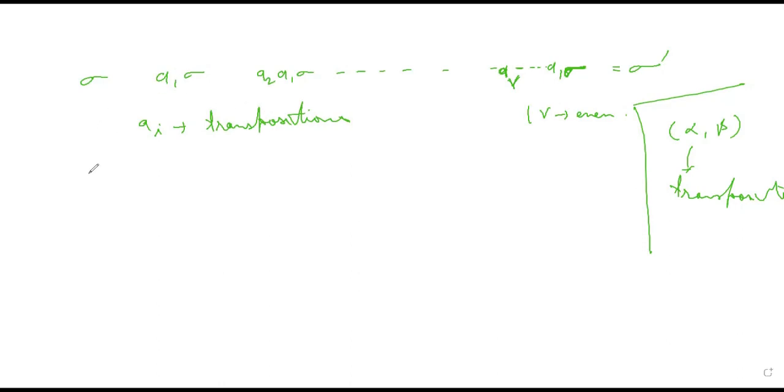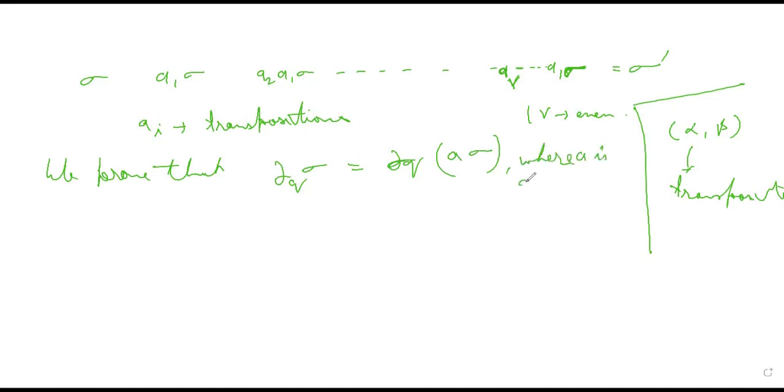Now what if we can prove that the boundary map applied over sigma is the same as the boundary map applied over a sigma, where a is a transposition?